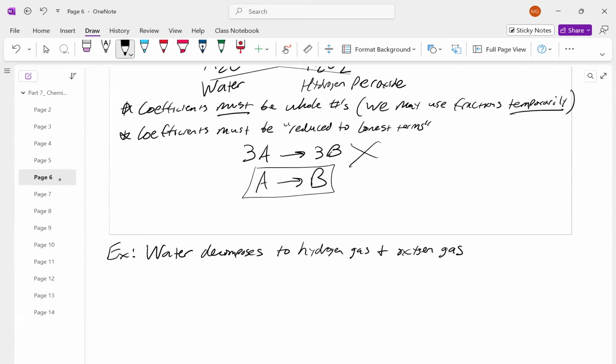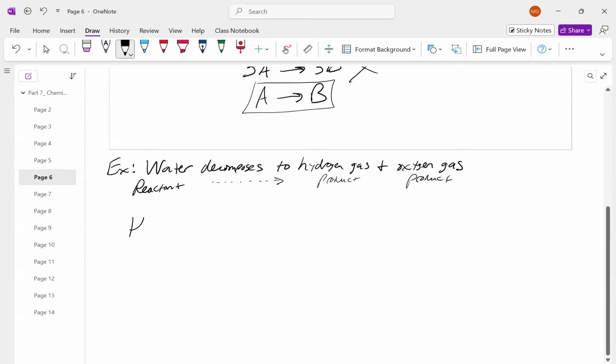Well, first thing you want to do is interpret what my reactants and products are. I'm starting with water, so that's going to be a reactant. Decomposes, this phrase right here, is telling me that's my reaction arrow. And then hydrogen gas is going to be a product, and oxygen gas is going to be a product.